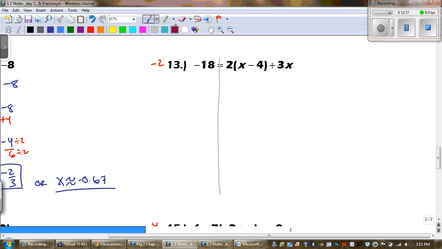Let's go ahead and on the right side, we need to distribute. So we get -18 equals 2x minus 8 plus 3x. Combine your like terms, and we get -18 equals 5x minus 8.